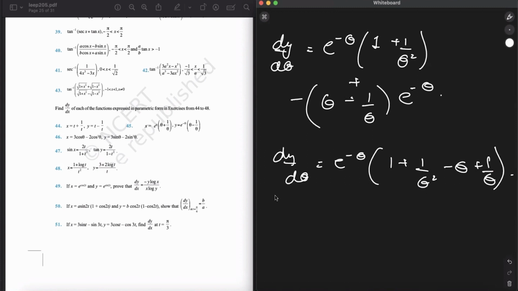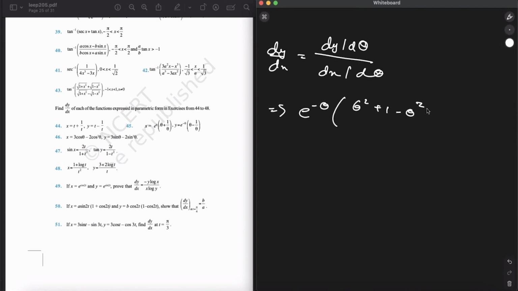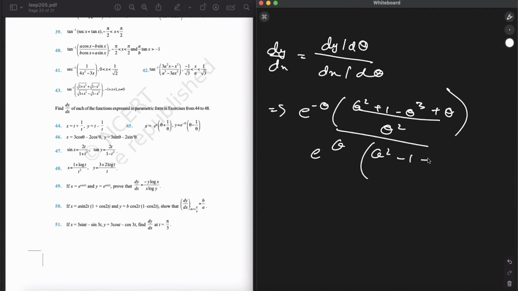And so I'll just divide both of them. So dy by dx is equal to dy by d theta whole divided by dx upon d theta. So e raised to the power of minus theta, square plus 1 minus theta cube plus theta by theta square, divided by e raised to the power of theta, square minus 1 plus theta cube plus theta whole upon theta square.